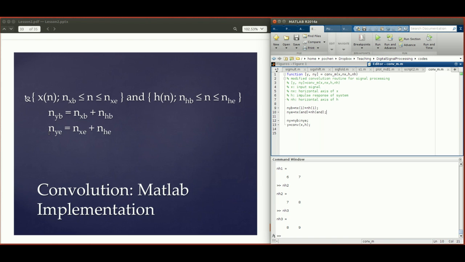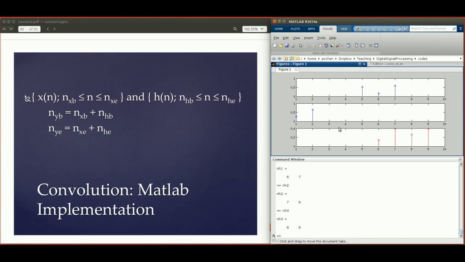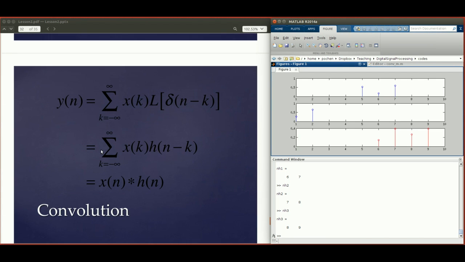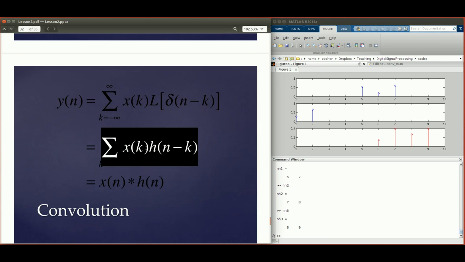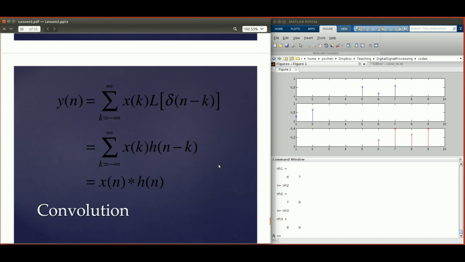The ending index of the output signal is just going to be this plus this, and that's exactly what we have implemented here. We also verified it by using the summation formula explicitly inside of the command window. So that's how you can implement the convolution in Matlab.